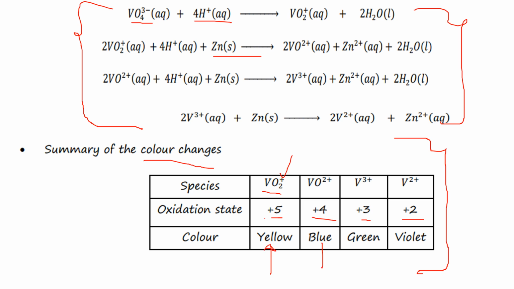In the +4 oxidation state, the compounds are blue in color. In the +3 oxidation state, the compounds are green in color. And lastly, in the +2 oxidation state, the compounds are violet in color.